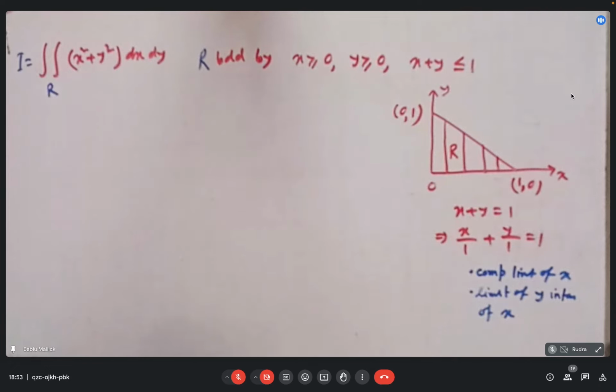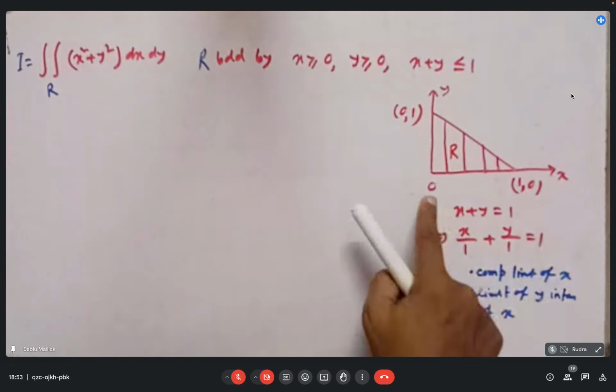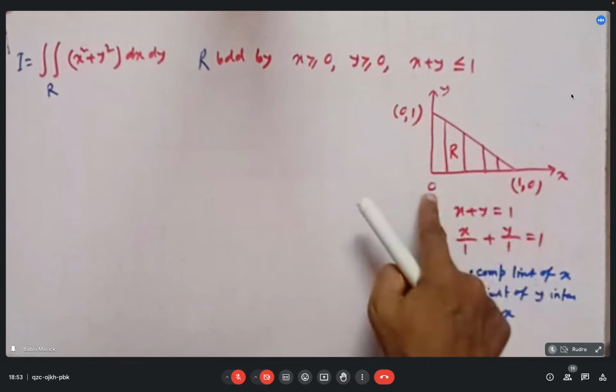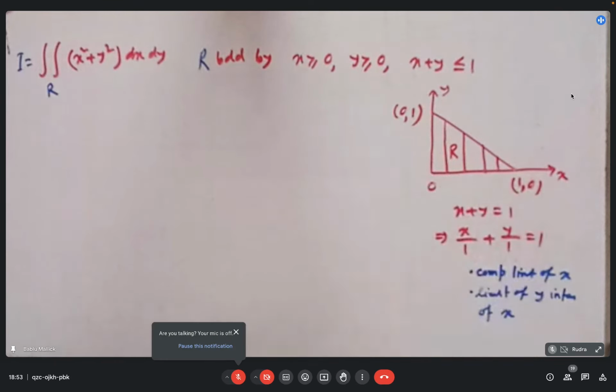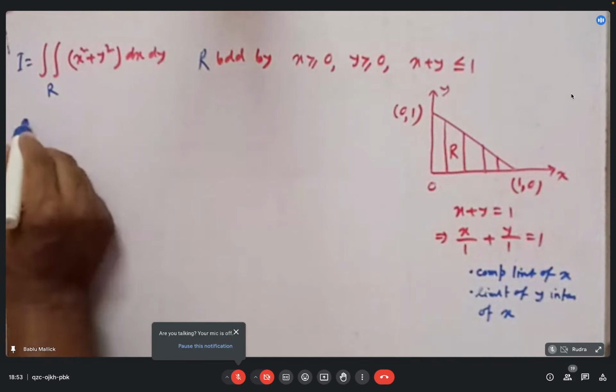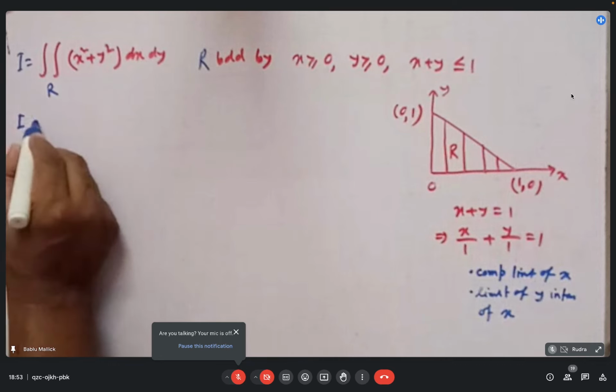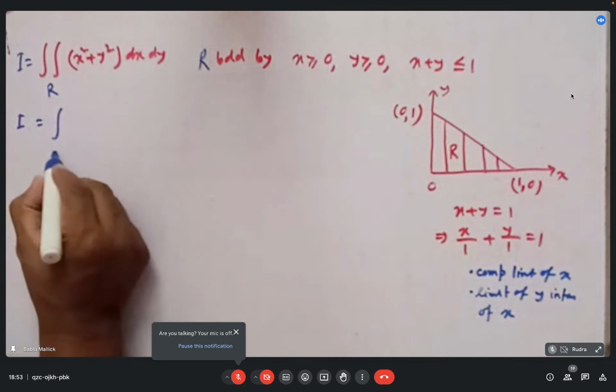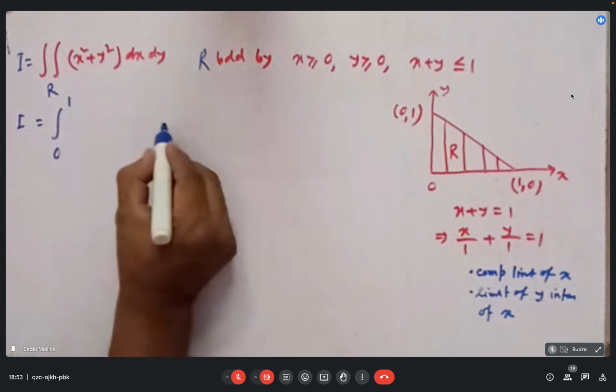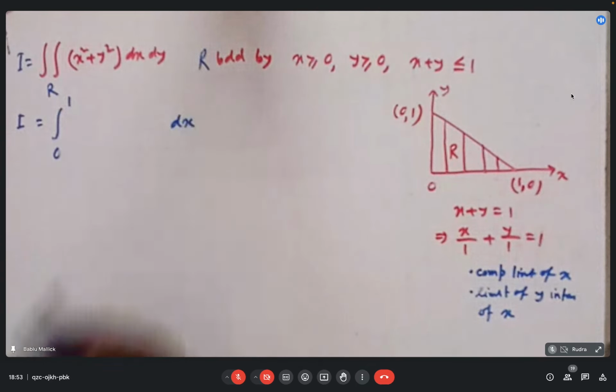So the complete limit of x is from 0 to 1. So I is equal to the integral of x from 0 to 1, dx.